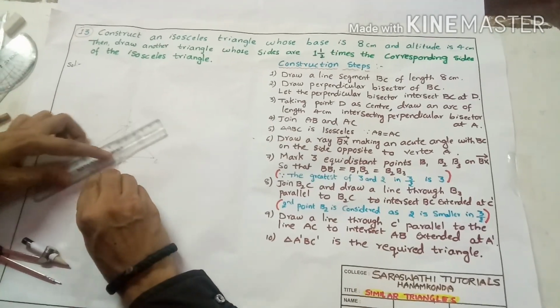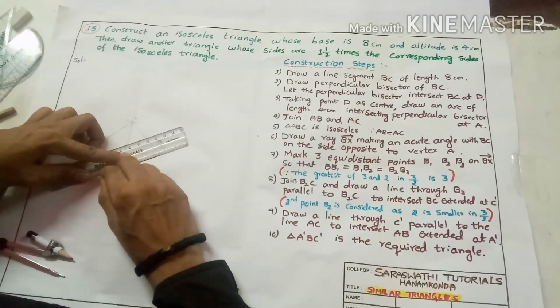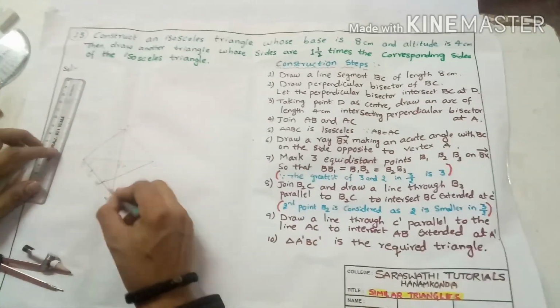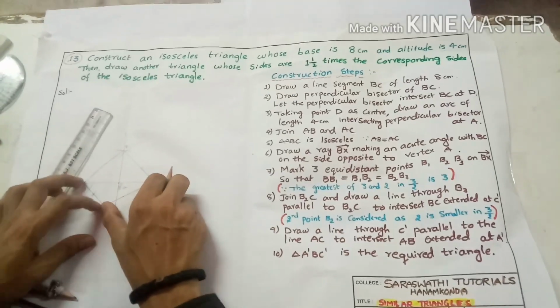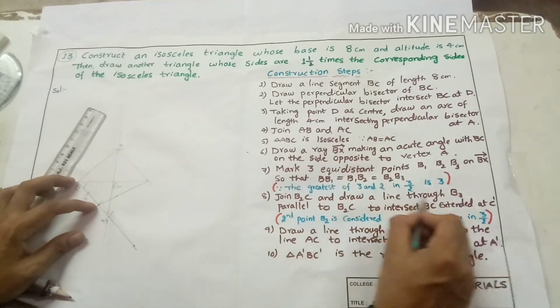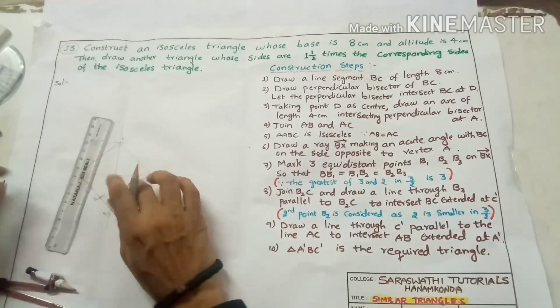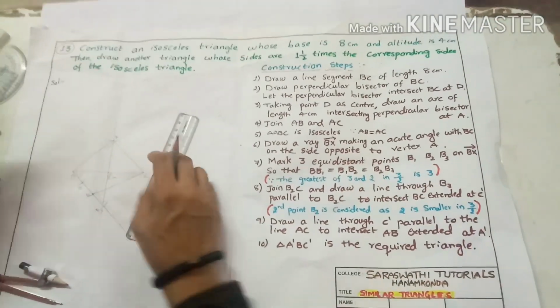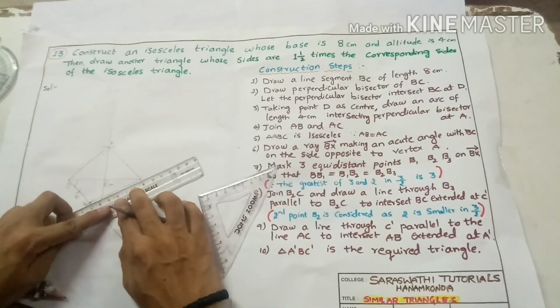So now join B2C. From B3, draw a line parallel to B2C. Place the scale on B2C, and through B3 draw a line parallel to B2C to intersect BC extended at C dash.